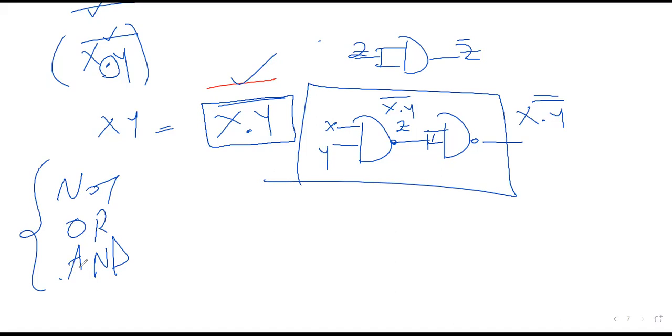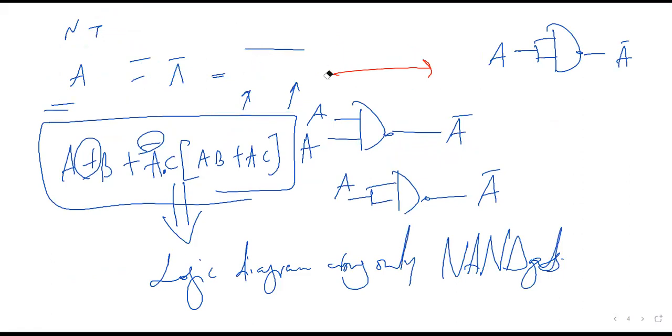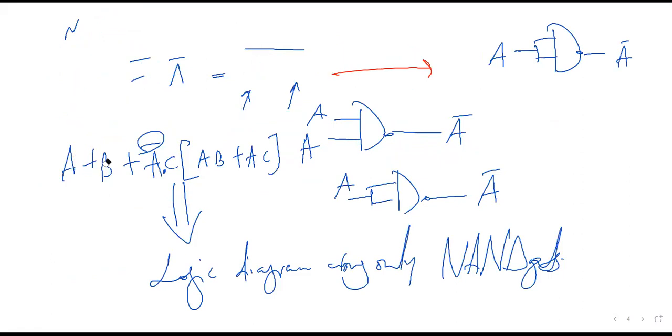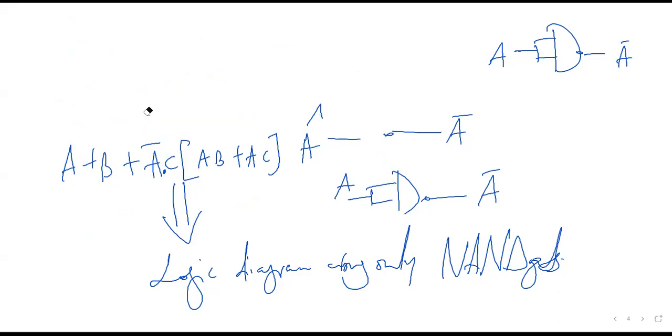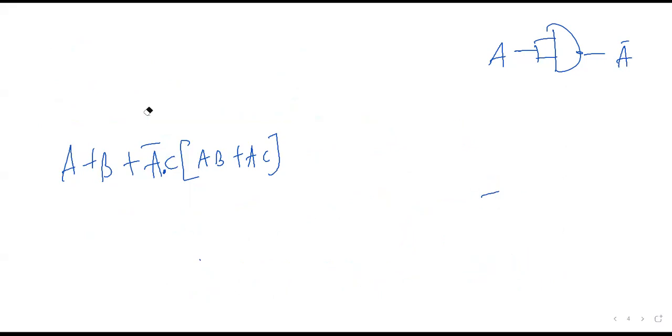Now, when I give you an expression, I already gave out an expression here. You will be given an expression this big. Now you need to use the ways I was manipulating those numbers to get to NAND gates only. You have to find ways. Now that comes with practice.